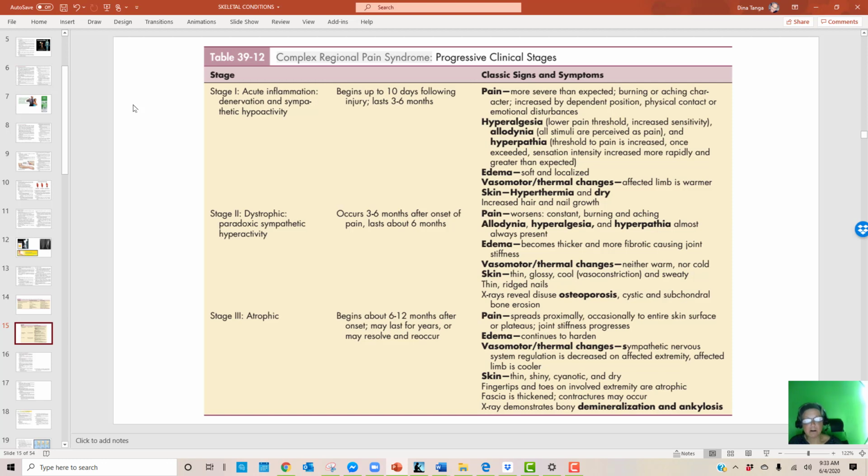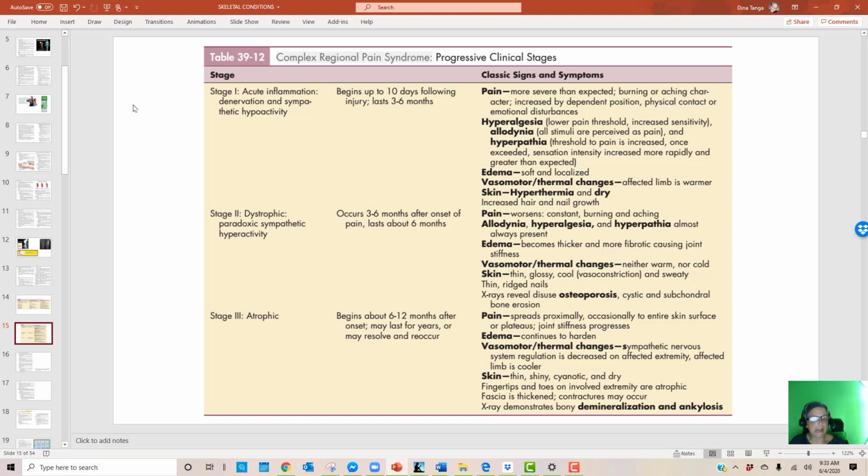Edema becomes thicker and more fibrotic, causing joint stiffness. Vasomotor thermal changes, neither warm nor cold. Skin is thin, glossy, cool, vasoconstricted, and sweaty. Thin, rigid nails. X-rays reveal disuse osteoporosis, cystic and subchondral bone erosion.